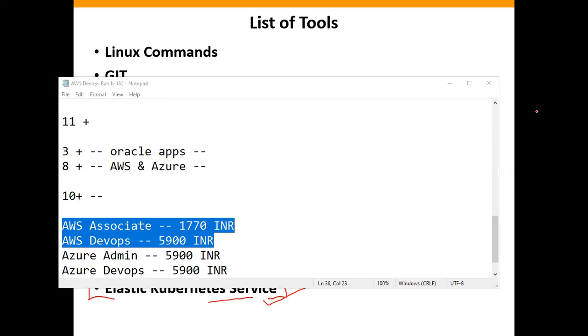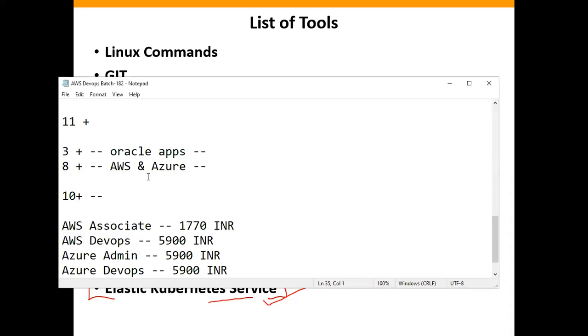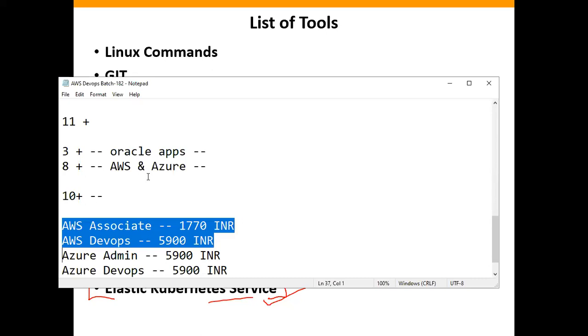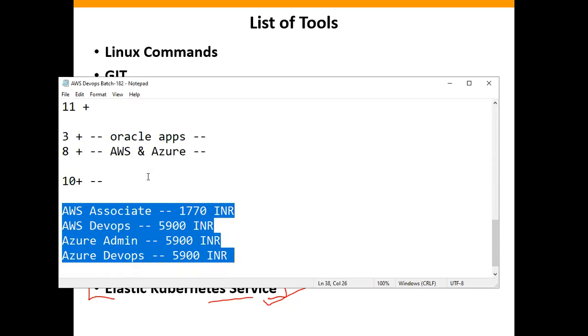Yes, Pratiksha, you can unmute. Hello, sir. Good morning. I'm Pratiksha. Here we have multiple courses, like AWS Associate and AWS DevOps. I just want to know the difference. These are different clouds. AWS is one cloud, Azure is a different cloud. Like you are using WhatsApp, we have one more app called Telegram.